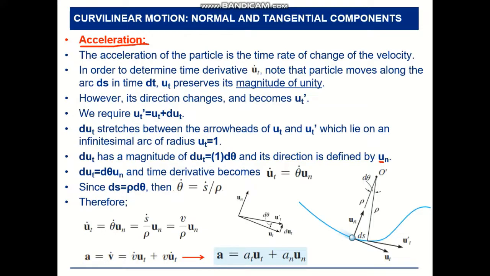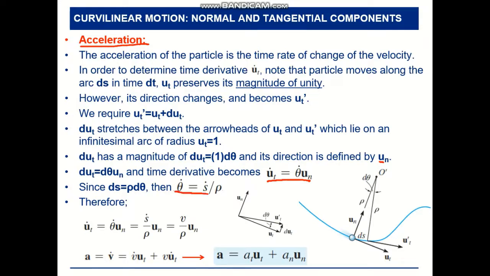The first derivative of the tangential unit vector, ut dot, is equal to theta dot, the rate of change of the angle, times the normal unit vector un.